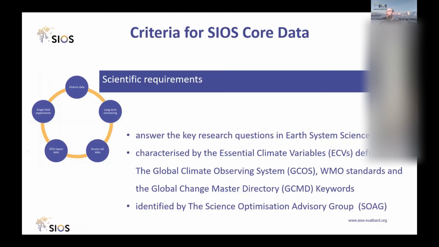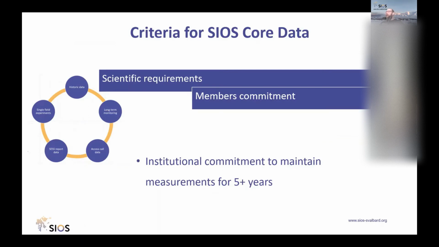For the scientific requirements, the core data are closely connected to the essential climate variables defined by GCOS. I will come back to that later, and also to the Global Change Master Directory keywords, GCMD keywords, that help us to locate our core data in the system. The second requirement is the members' commitment.